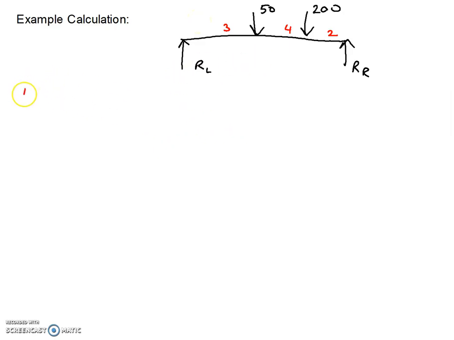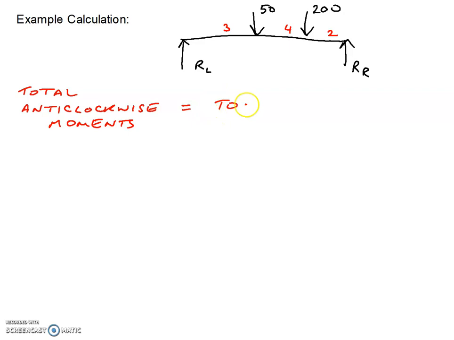So, for the beam, the total anti-clockwise moments will equal the total clockwise moments. Now you can do that shorthand. You can say anti-clockwise moments equals clockwise moments. Use symbols.